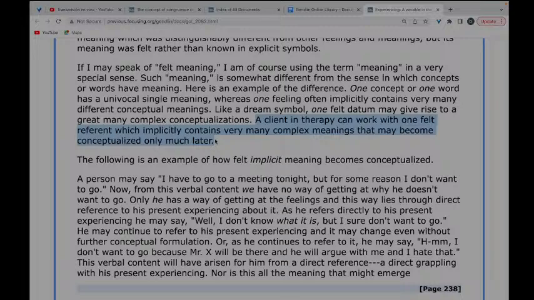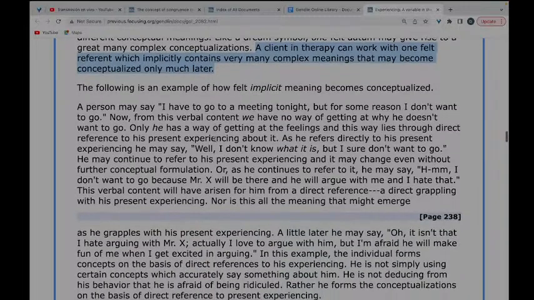And that in and of itself is important and impactful. Right? And as you spend more time with it, eventually you find words for it, you find a handle, you become able to conceptualize it down the line.